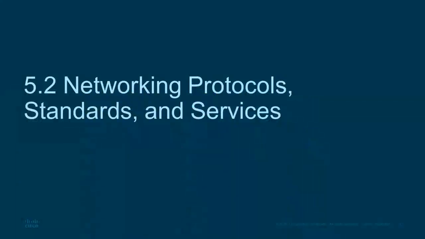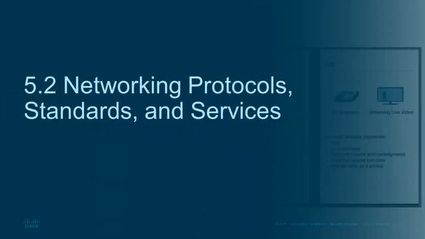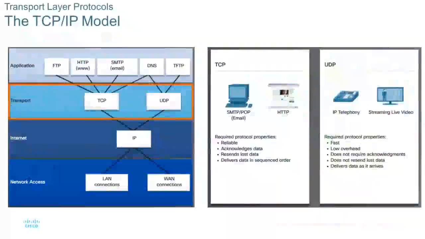So the next phase of this little presentation will be about how TCP/IP works. TCP/IP is the model that is used to represent how the communications occur within a network.